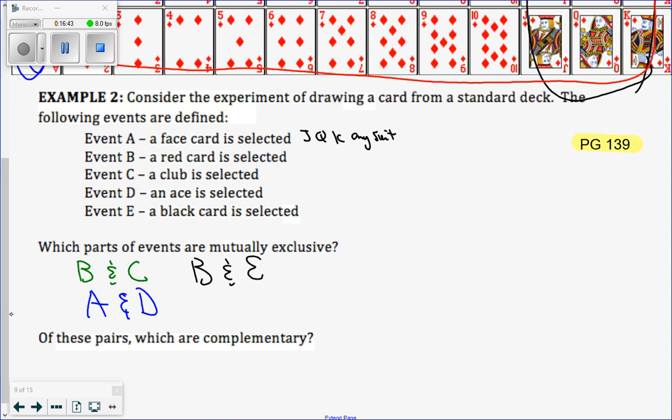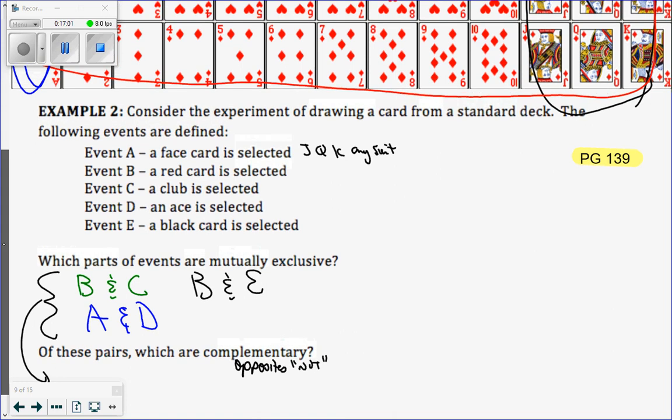Okay. Of these pairs, which are complementary? What does complementary mean? Opposites, right? It means the not. So when you put two complementary events together, you have to get out all your outcomes, right?